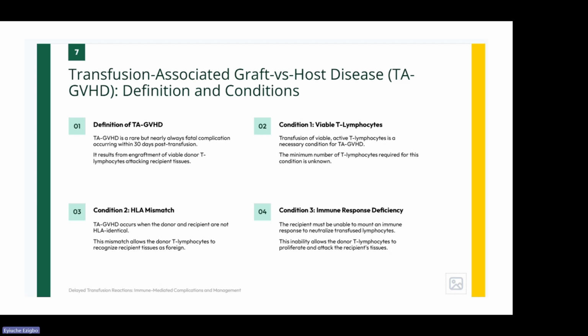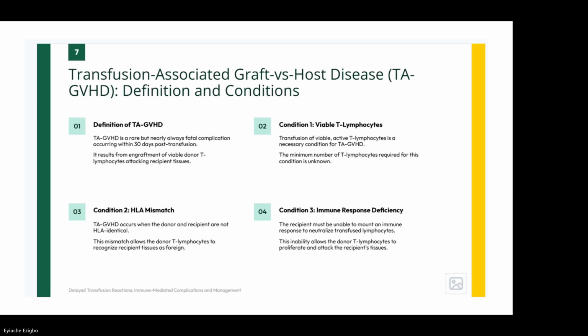Okay, so we said for white blood cell antigens to cause immunological responses, certain conditions have to be met. Number one, the transfusion of viable, active T lymphocytes is a necessary condition.